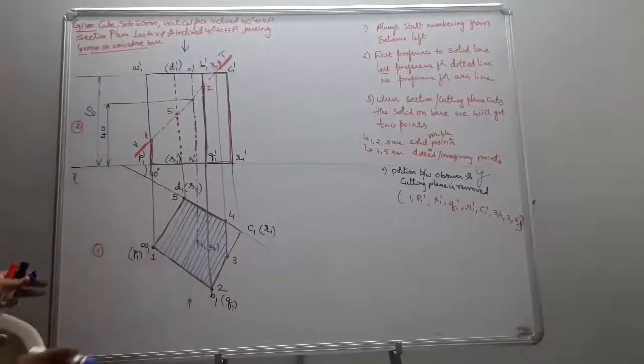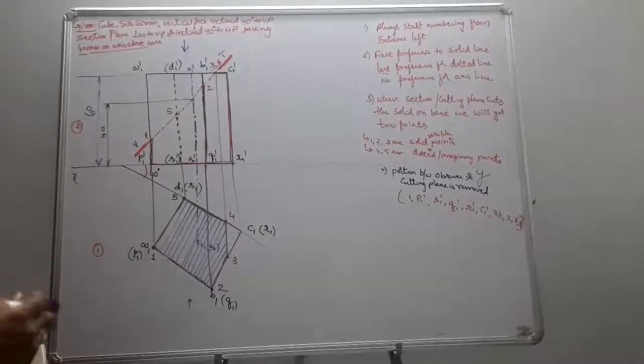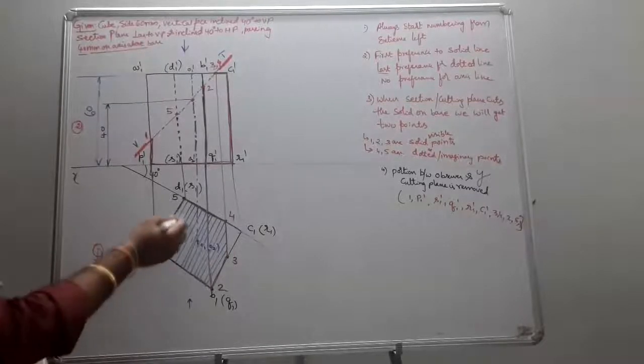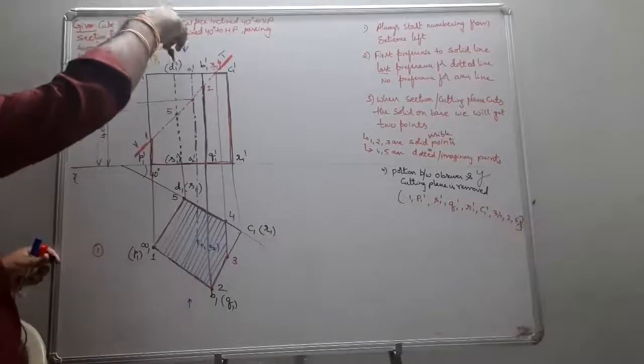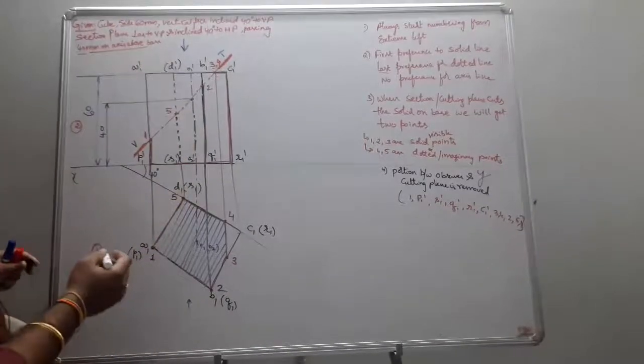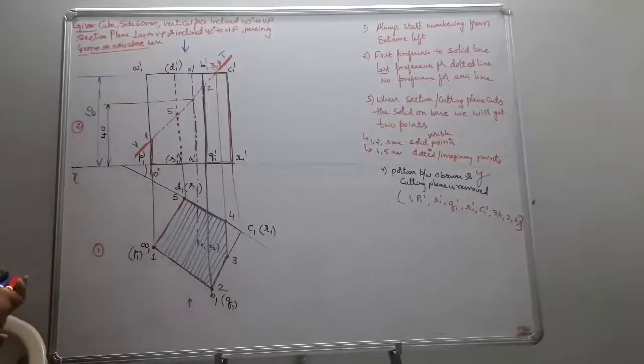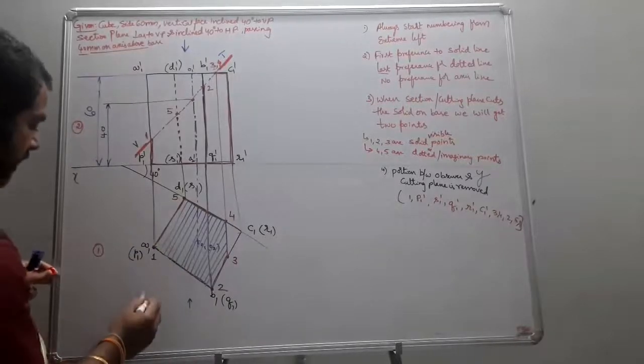So the section shape is going to be seen from the top, which is obtained on HP. So this becomes your sectional top view.